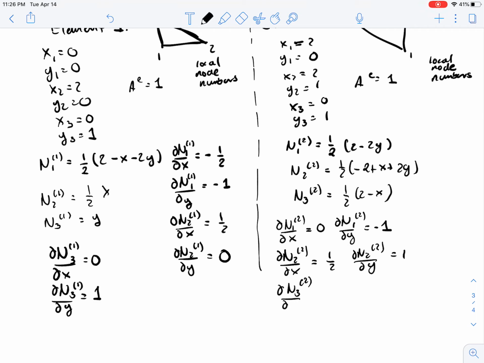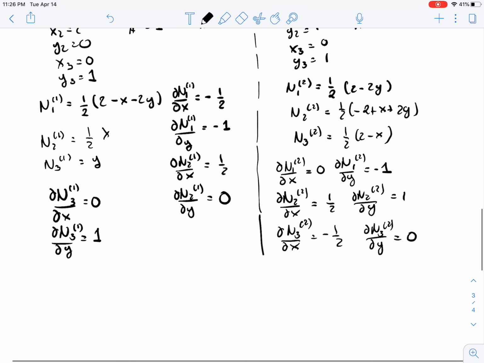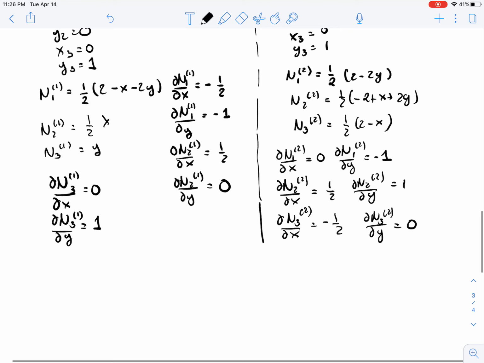Again, just taking derivatives of these shape functions. That's it. Okay, so now I have shape functions and derivatives.